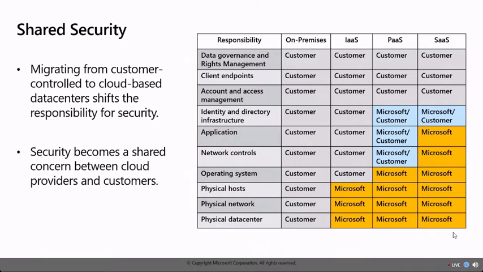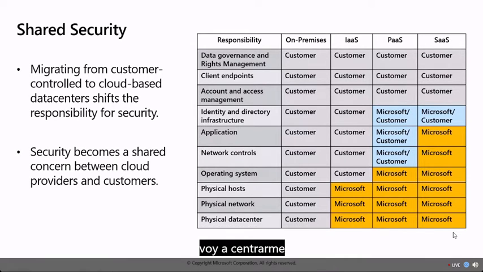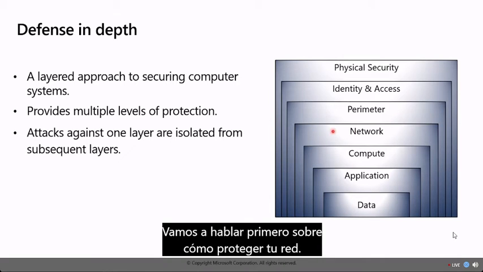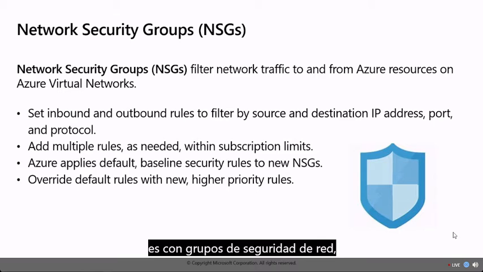Now, looking back at this defense in depth, I'm going to focus first on the perimeter layer. The network layer. So we're going to talk about how to protect your network first. So one of the first ways that you can protect your network is with network security groups.